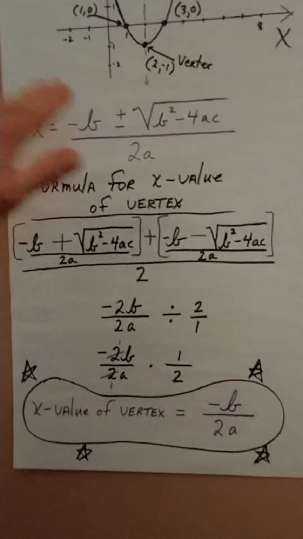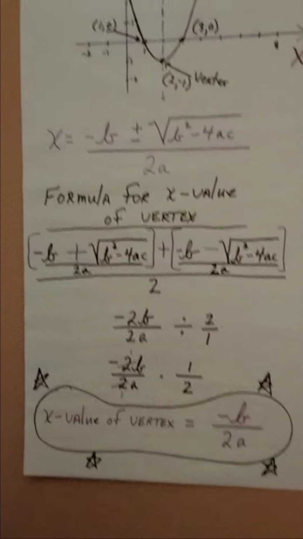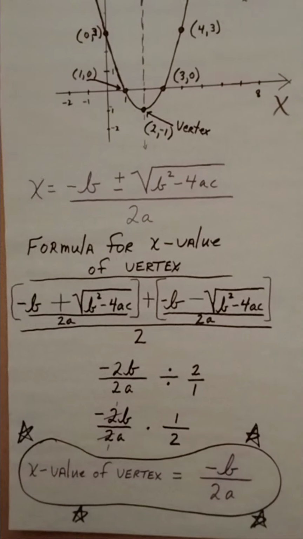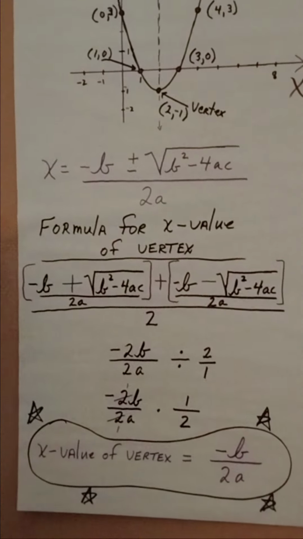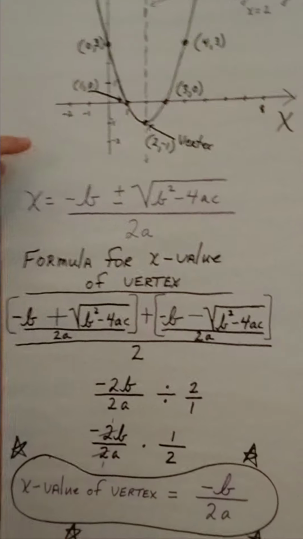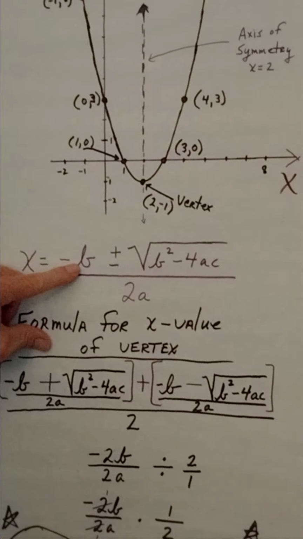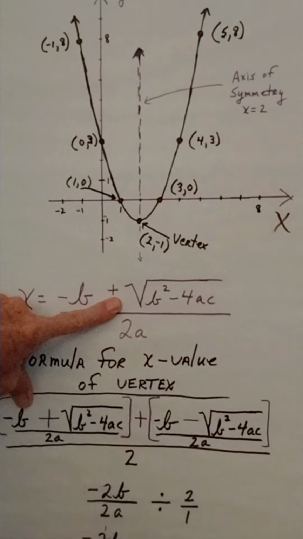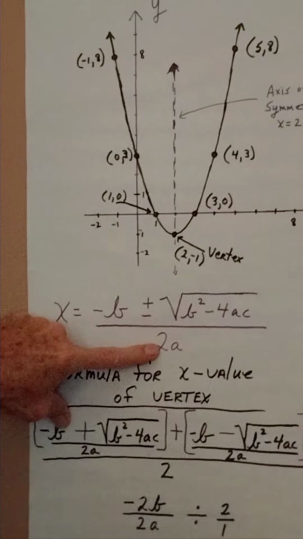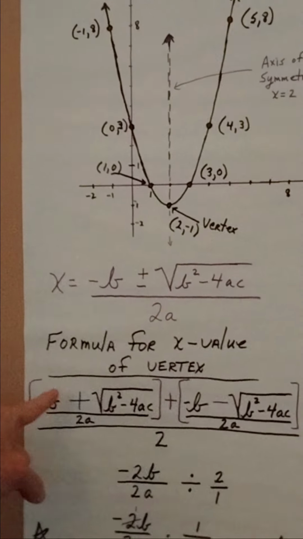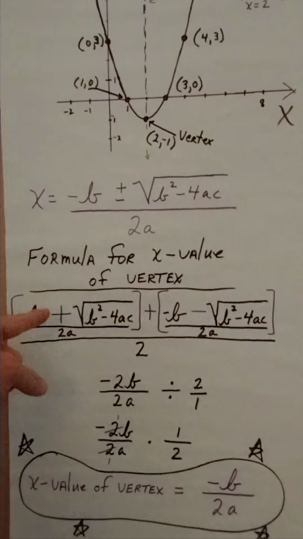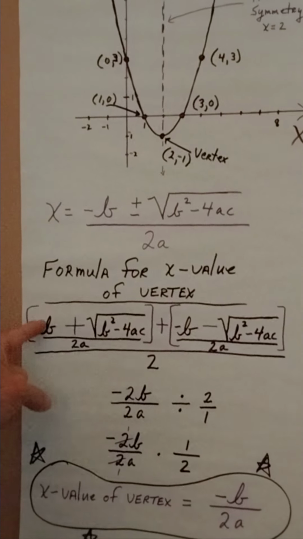I want you to look at this quadratic formula right here. One of its intercepts up here, one of them, is going to be this guy right here. The opposite of b plus the radical of b squared minus 4ac over 2a. One of those x-intercepts is going to be found by evaluating this.